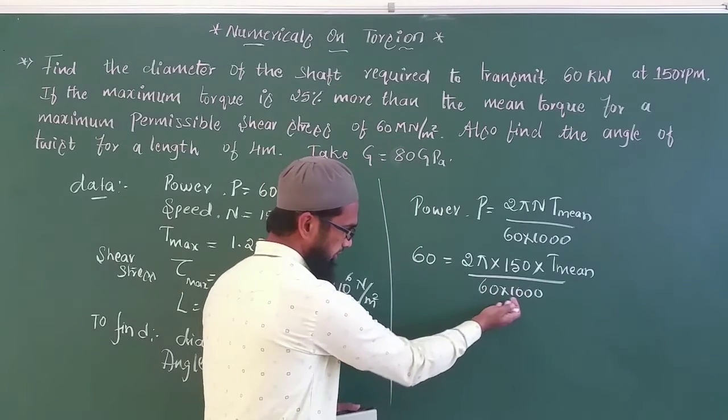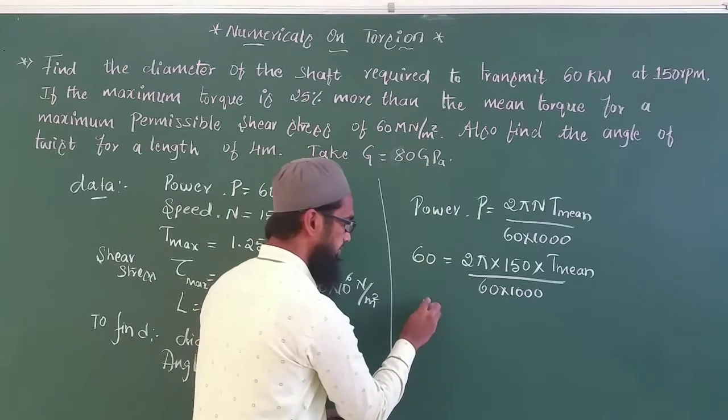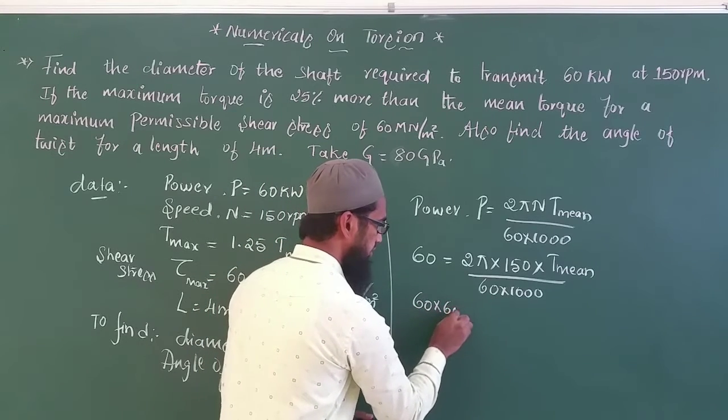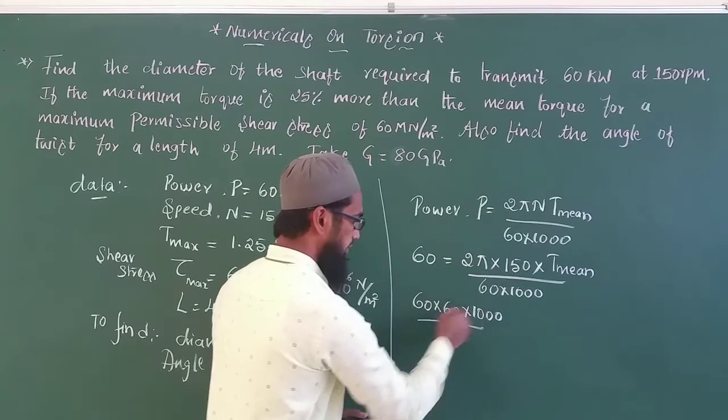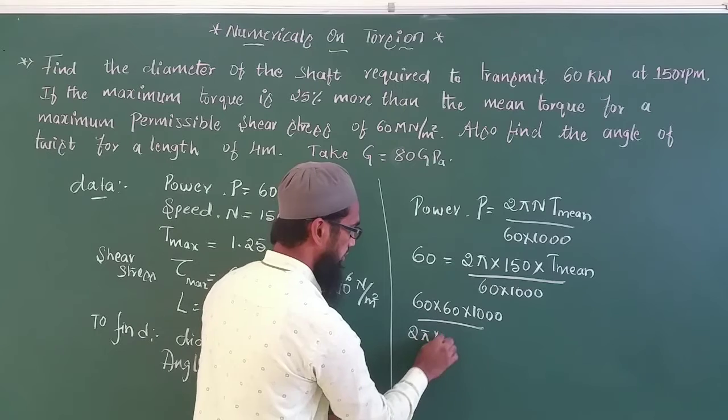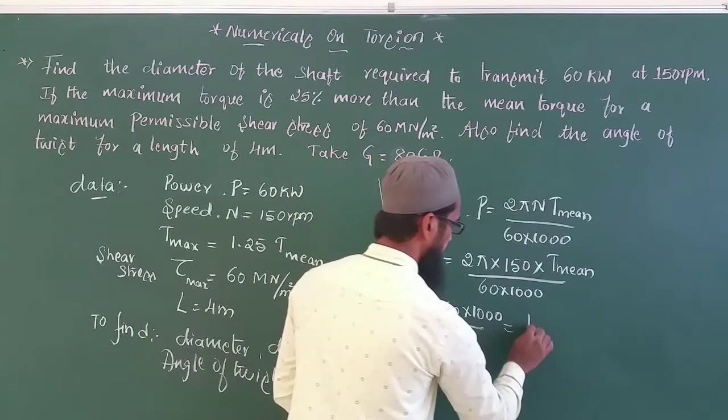Now we cross multiply this term to the left hand side: 60 into 60 into 1000 equals 2 pi into 150 into T mean.